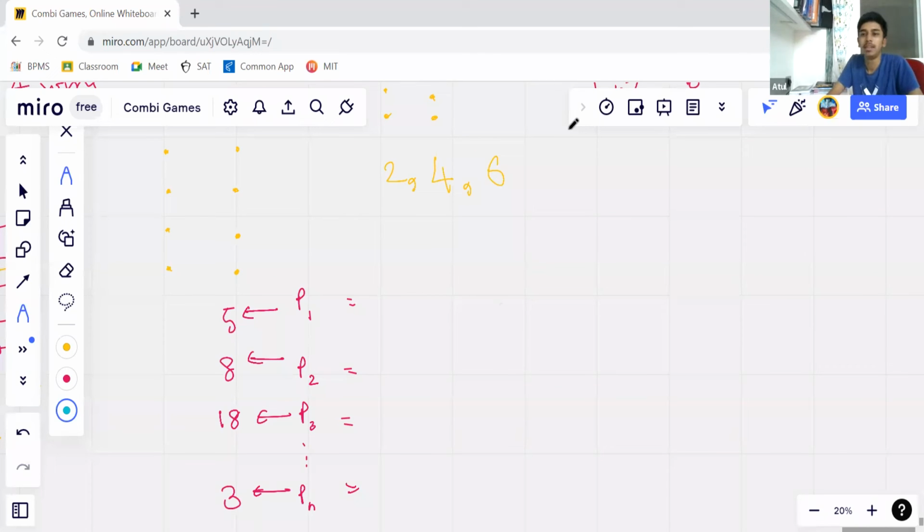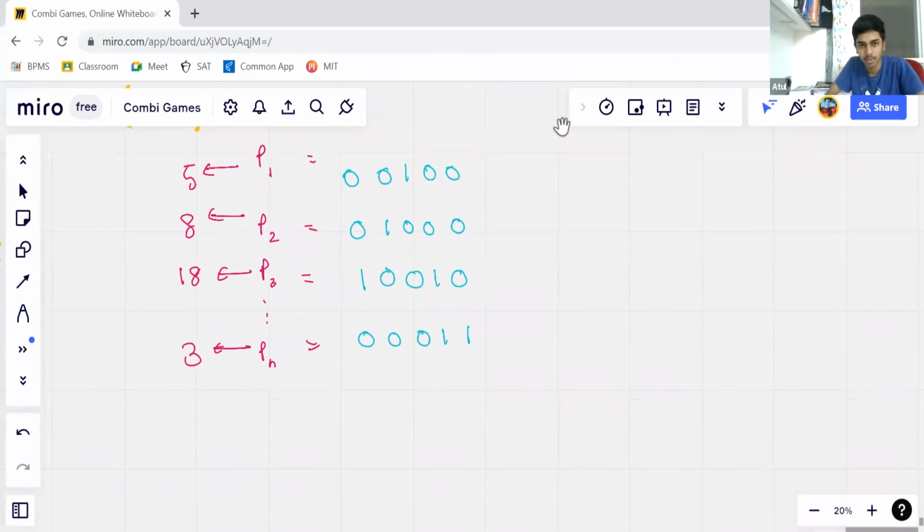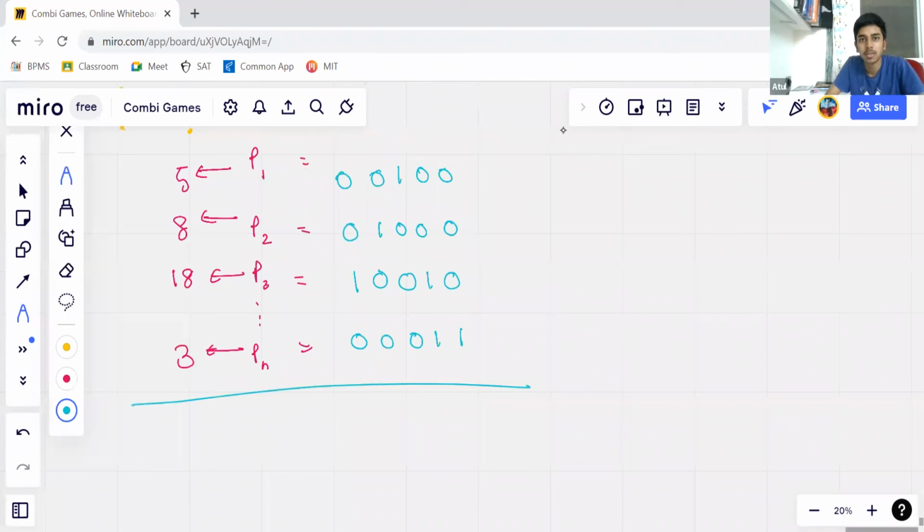So now we do the most random part. We will write these numbers in binary. Yes, of course, this is natural. So now we will compute.